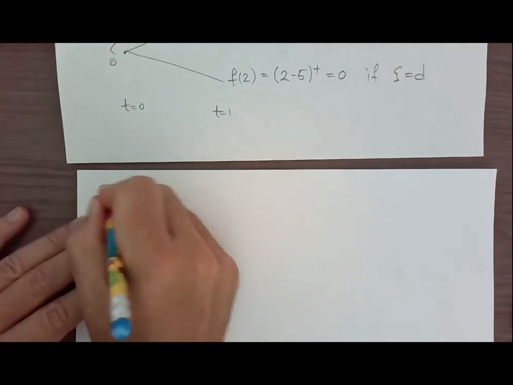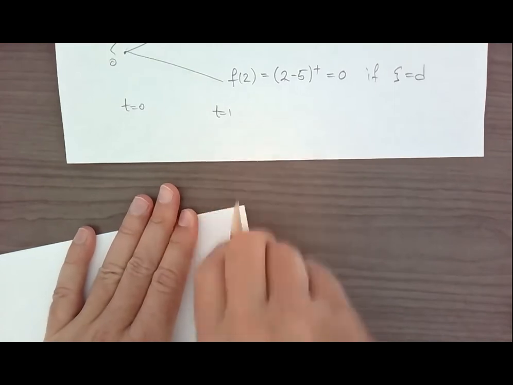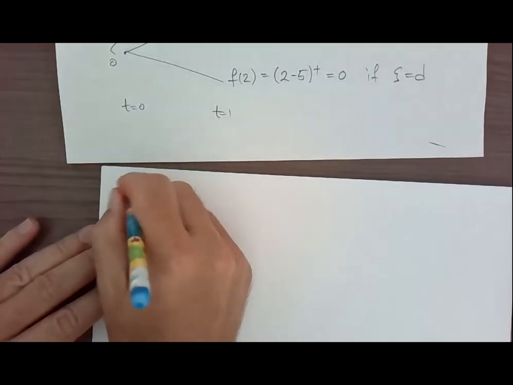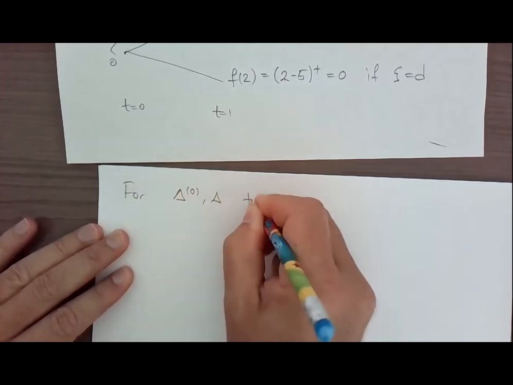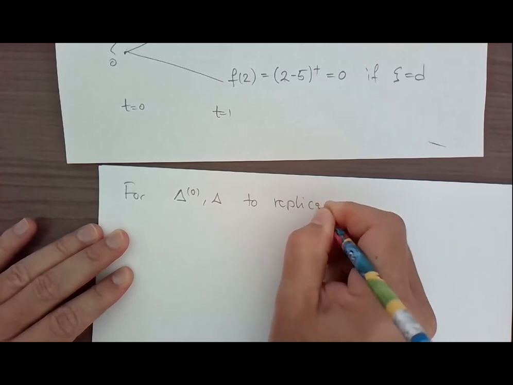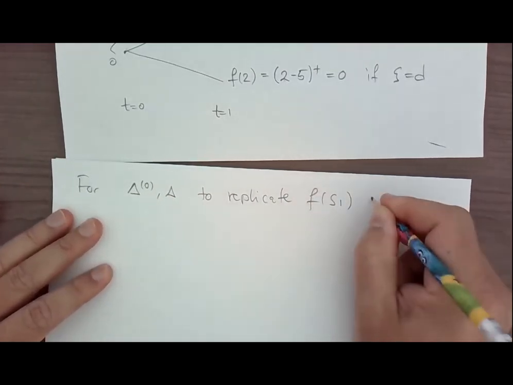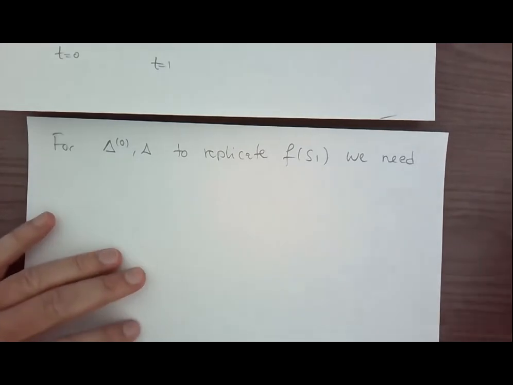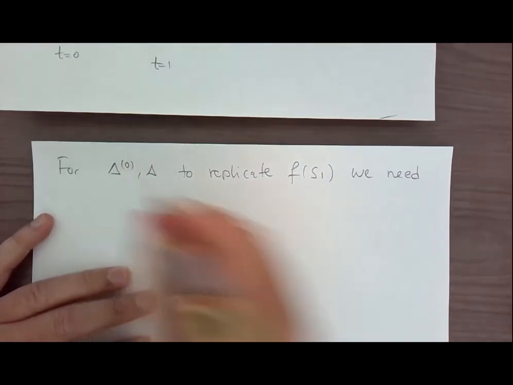So to replicate, for these two to replicate, we need, well, let's have a look at it. What do we need? If I invest, this is what's going to go into the bank.